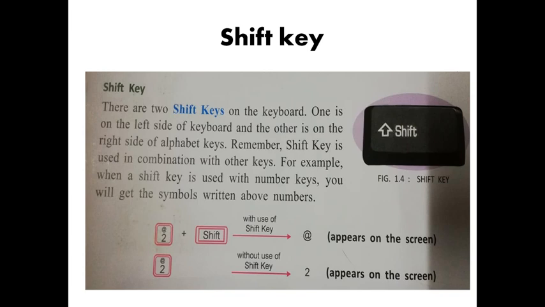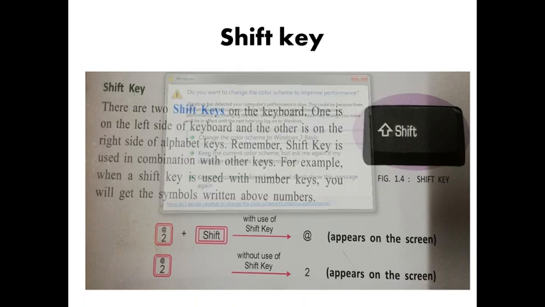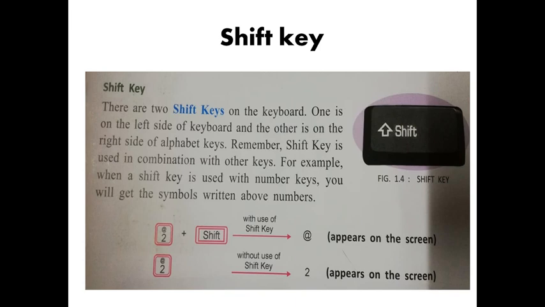Okay, now come to the shift key. There are two shift keys on the keyboard. Can you check on your keyboard? If you have a laptop or keyboard, please check. Yes, right side and left side. My keyboard is black, but it's written in white paint. Shift keys, yes, correct. There are two shift keys on the keyboard.